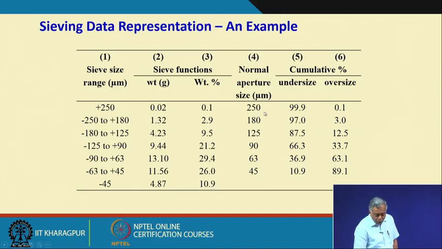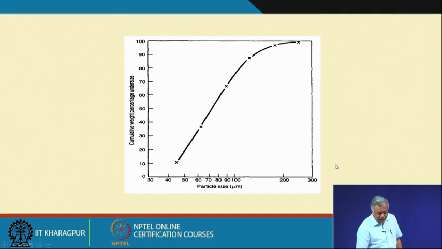So, we are getting information of cumulative passing size or cumulative oversize particles. Now, if I plot this, size on the x axis and either cumulative undersize or cumulative oversize on the y axis, then we get a plot like this.